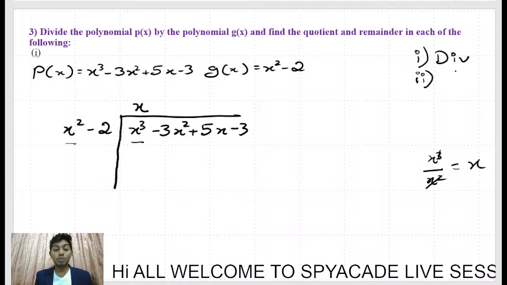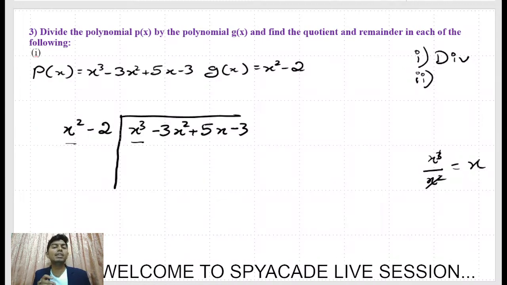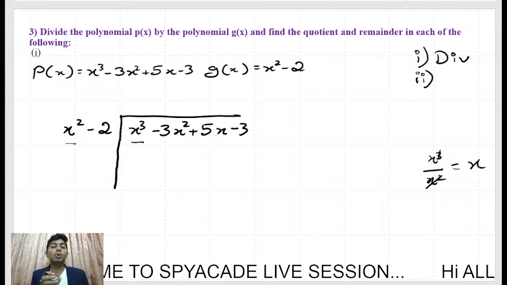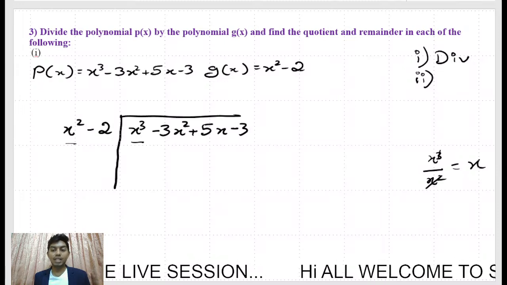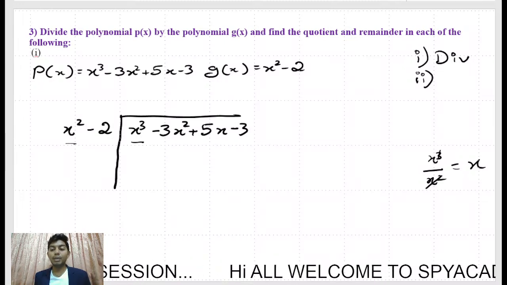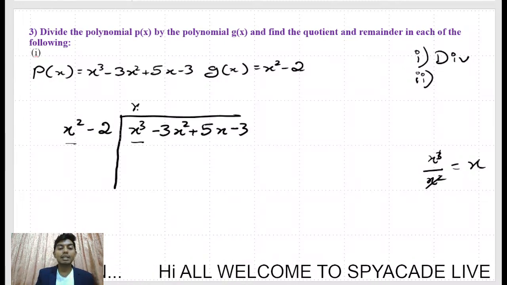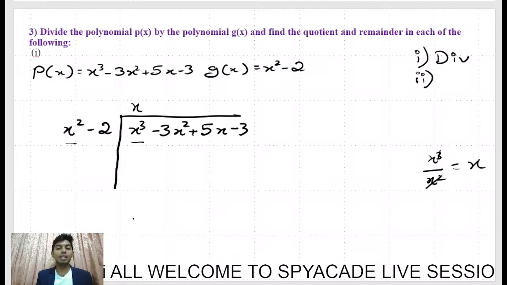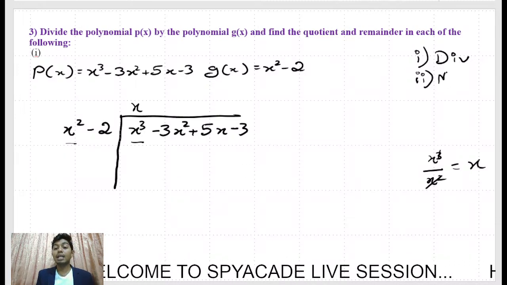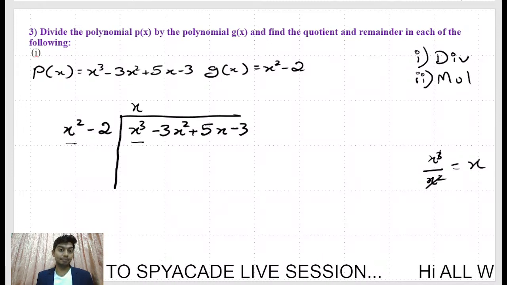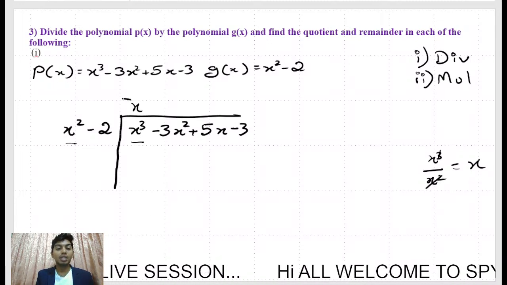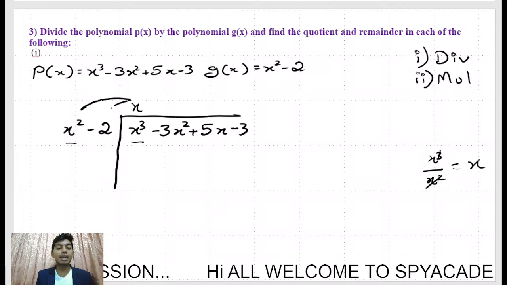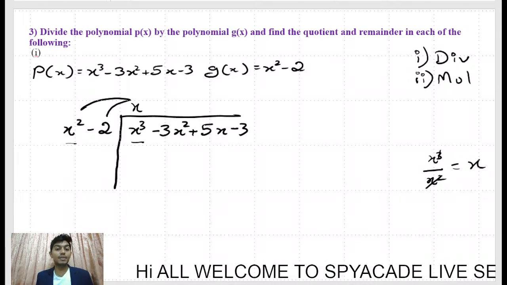So that is the first point I said, you have to divide. Divide the first term of both this expression, the divisor and the dividend. You are just dividing and then you will be getting the value x, and then you are putting that in the quotient. This is the first one. And the next one is multiply. We are just going to multiply this x with these two terms.